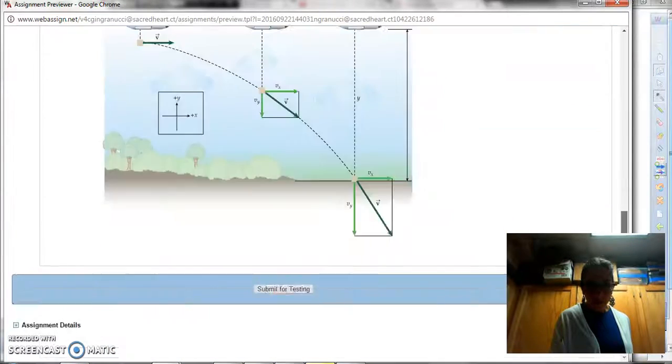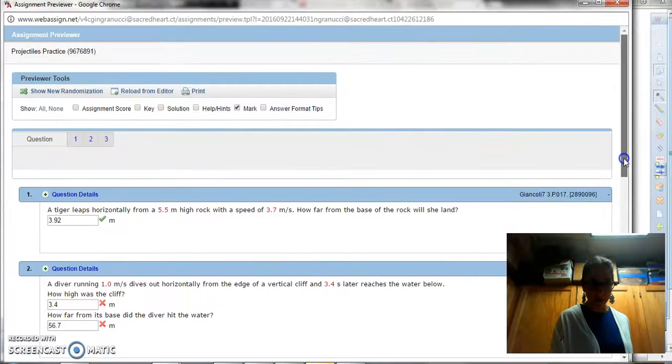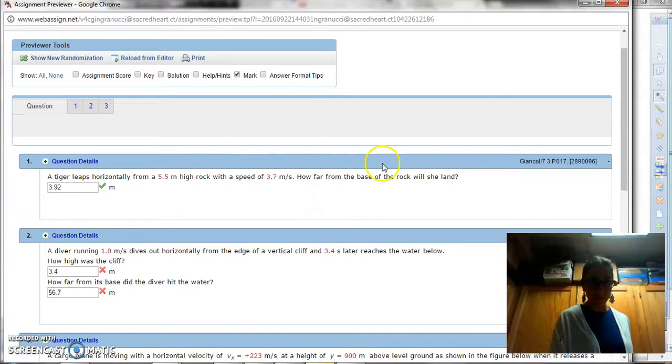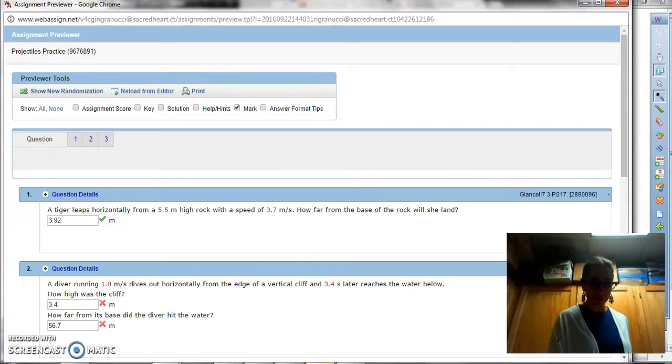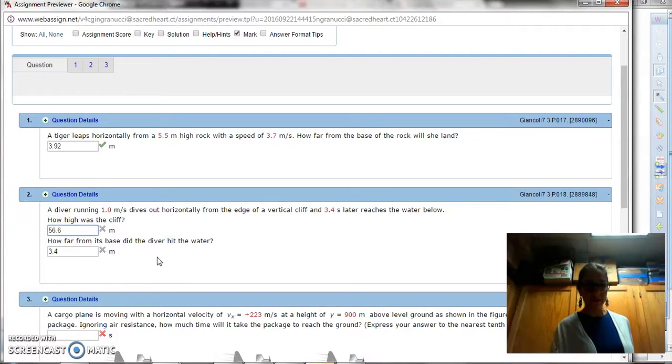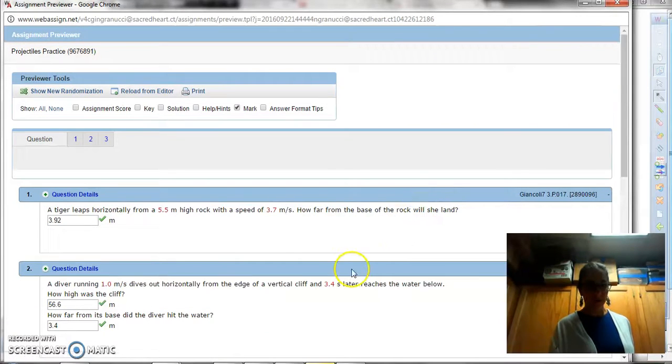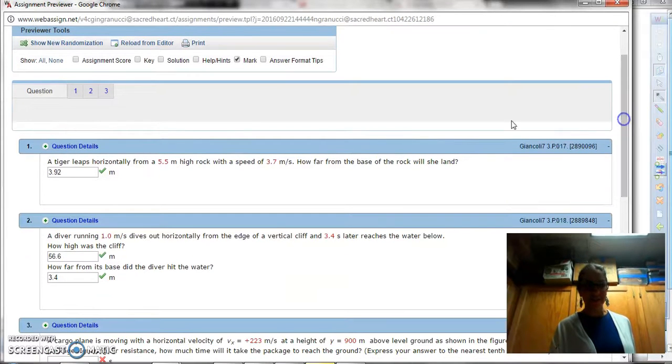Did I submit it right? Oh, I think I graded it already. Sorry, let me redo this. Give me one second. Okay, I fixed it. I switched the numbers by accident, so that should work now. There you go. Sorry about that. Yeah, because this one's asking for base and this one's for height. So that's how you solve this one.